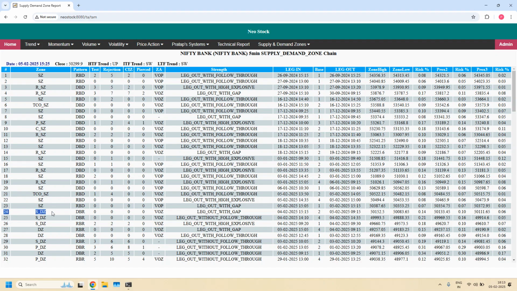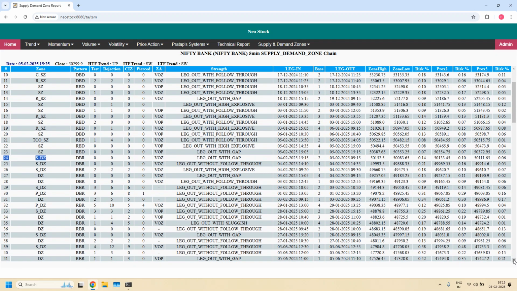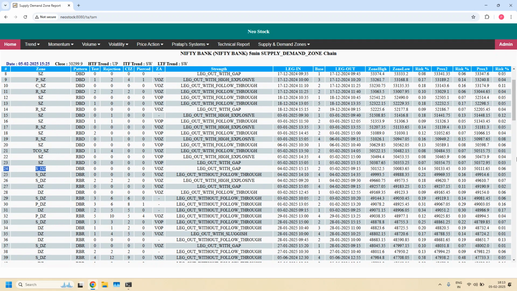Serial number 24 is the nearest demand zone. 23 is the nearest supply zone. Let me put it in the center. Okay. So this is about Bank Nifty supply demand zone chain.